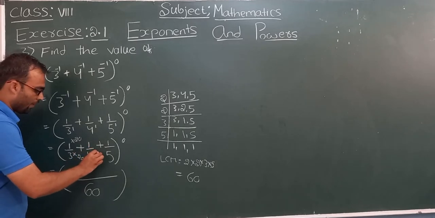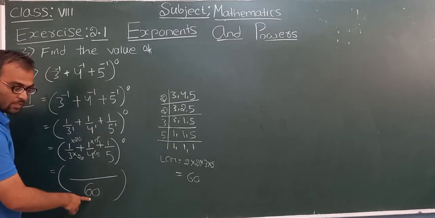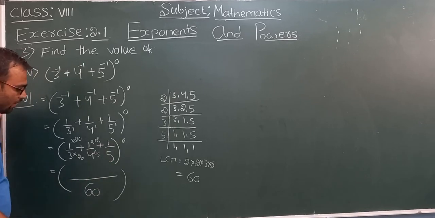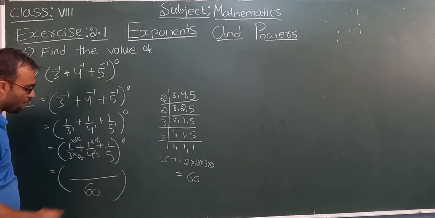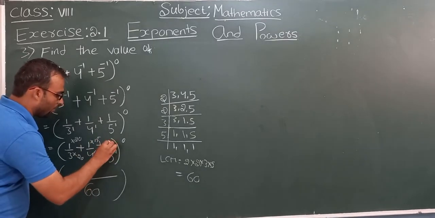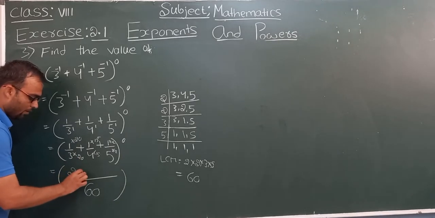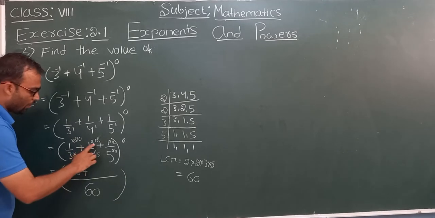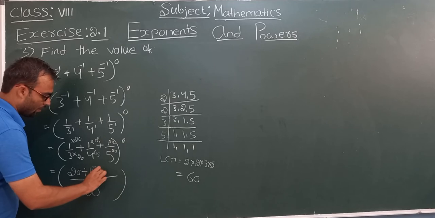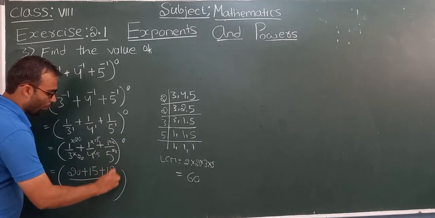So multiply 15 here and here. As LCM is 60, the denominator is 5. What do you have to multiply to 5 to make it 60? 12, no? So multiply 12. So 1 twenties are 20 plus 1 into 15, 15 plus 1 twelves are 12.